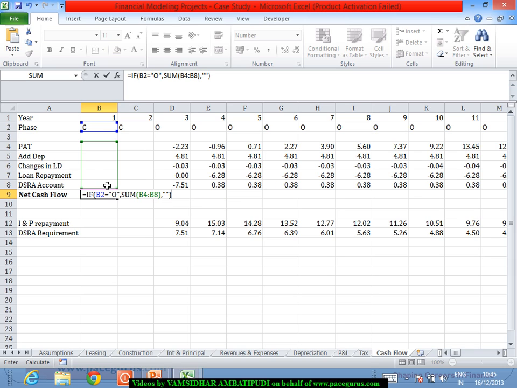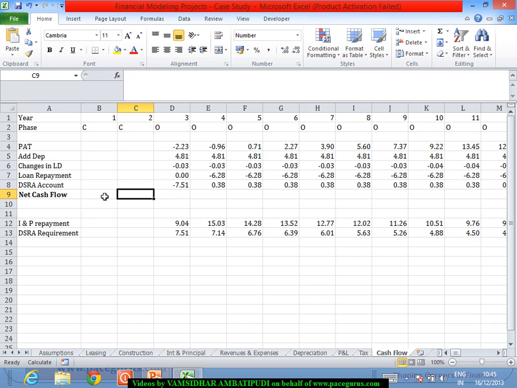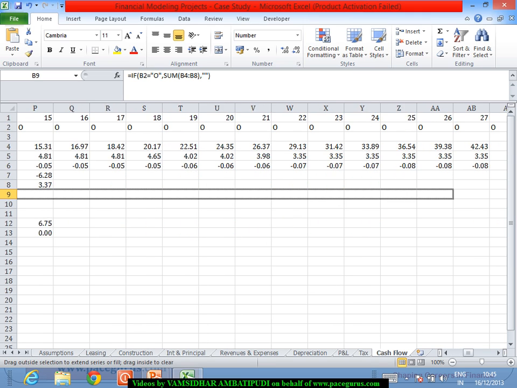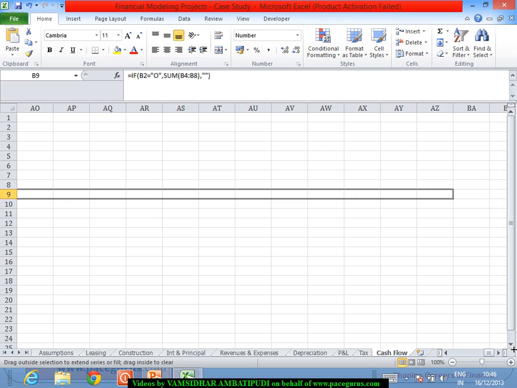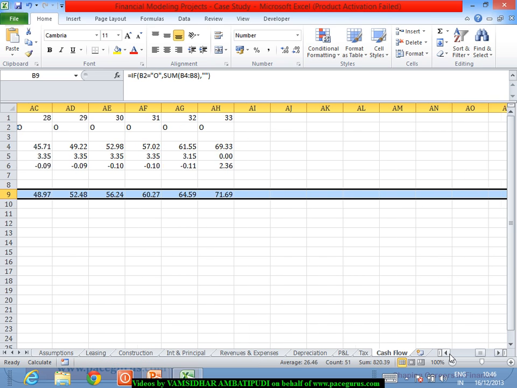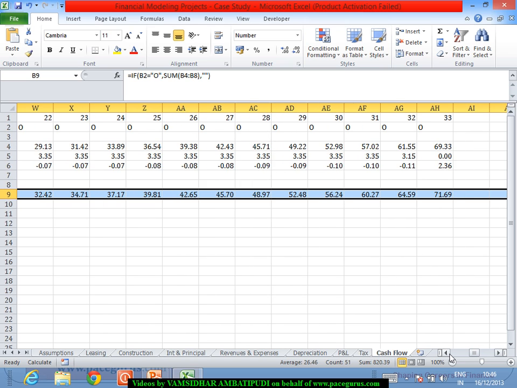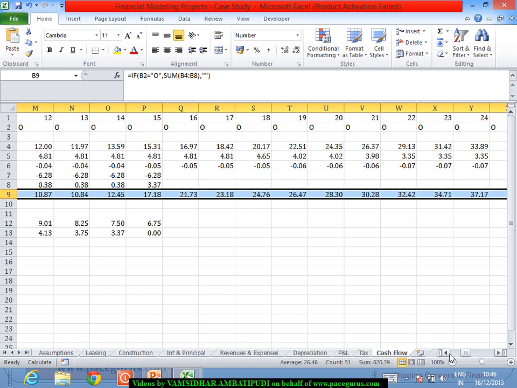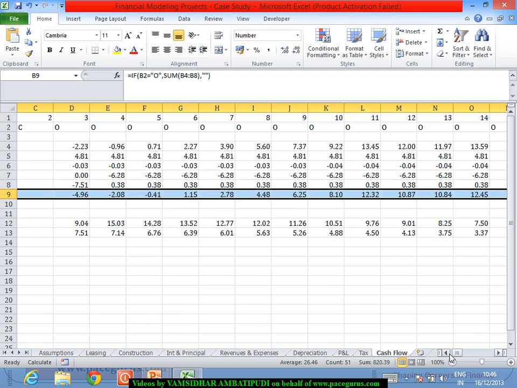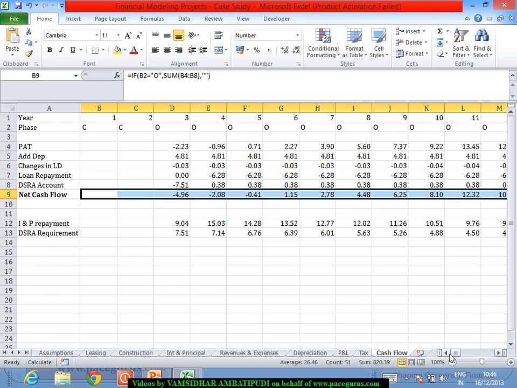Let me see, can we address this? If this is operations, I am doing a summation of all these, otherwise showing it as a blank. So let's see whether this formula is working out across. Yes, this is fine. If they are all blanks also, we are getting that these are the cash flows in each of the years. For the first 2 years or 3 years, we have negative cash flows, right?